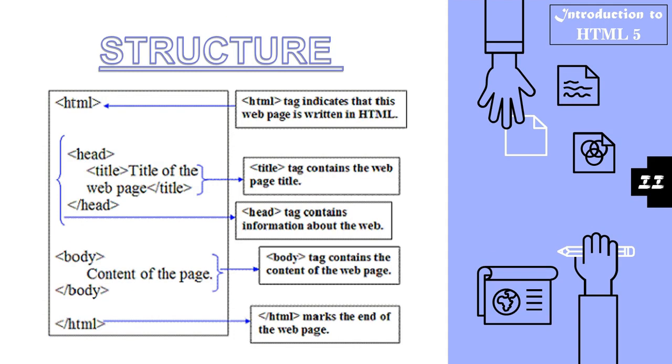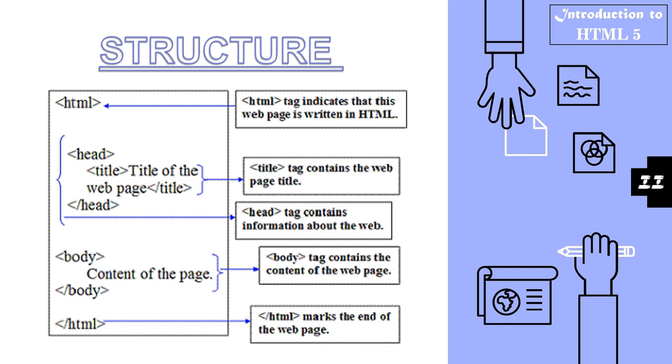Finally, we'll move on to the structure of an HTML page. And this is where you'll get to know what I meant by the word markup that I told you in the last lecture. In the last lecture, we studied the full form of HTML, that is hypertext markup language.